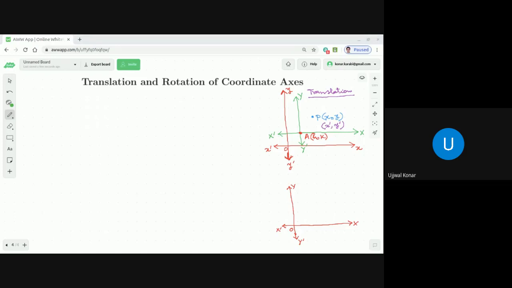Suppose we rotate that entire framework counterclockwise. That means what? Our new position, origin remains the same. With respect to the origin, we are moving. So that means our new x-axis becomes this, and our new y-axis, this becomes a new y-axis.